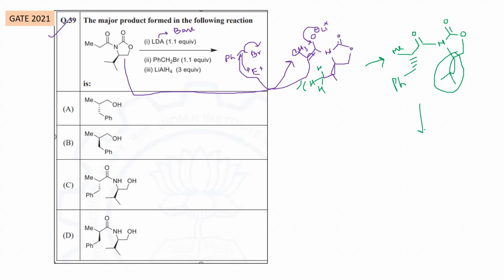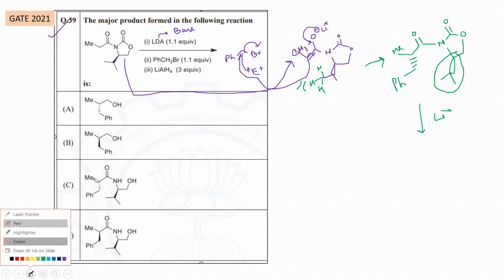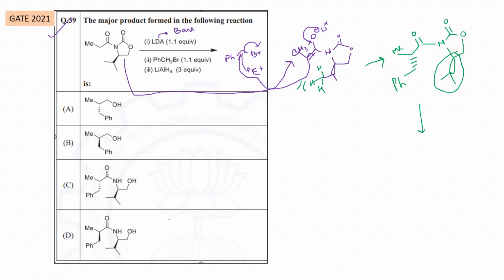Now the next reagent they add is LiAlH4. What will this LiAlH4 do? It will break this amide bond, forming an aldehyde first.